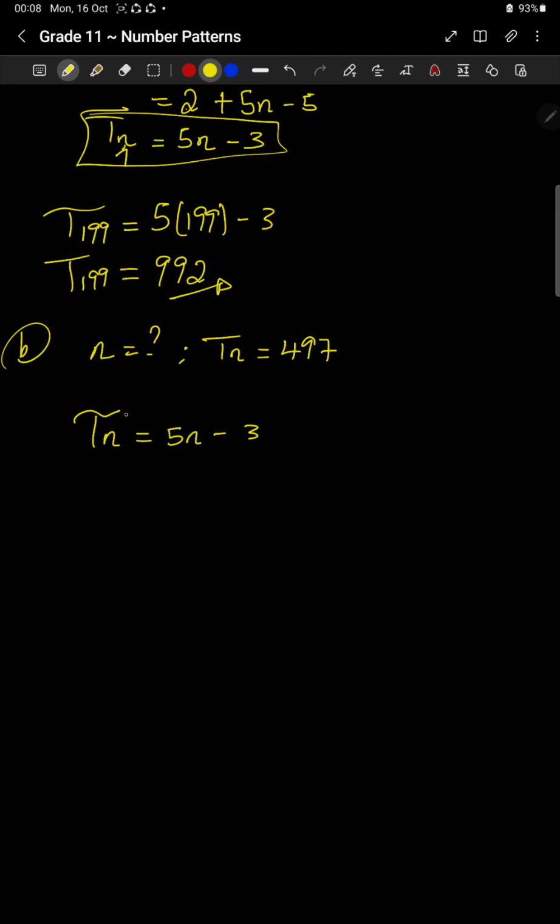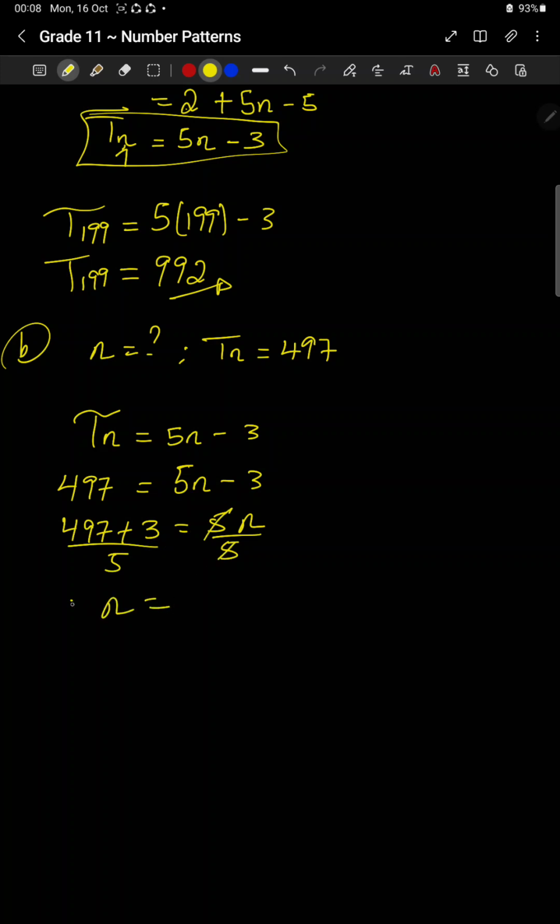In the place of Tn, we're going to put this value, so that must be 497 equals 5n minus 3. Then we bring 3 to that side, it is negative, and then we change the sign, it becomes positive 3, and we're left with 5n, and then we divide by 5 on both sides.